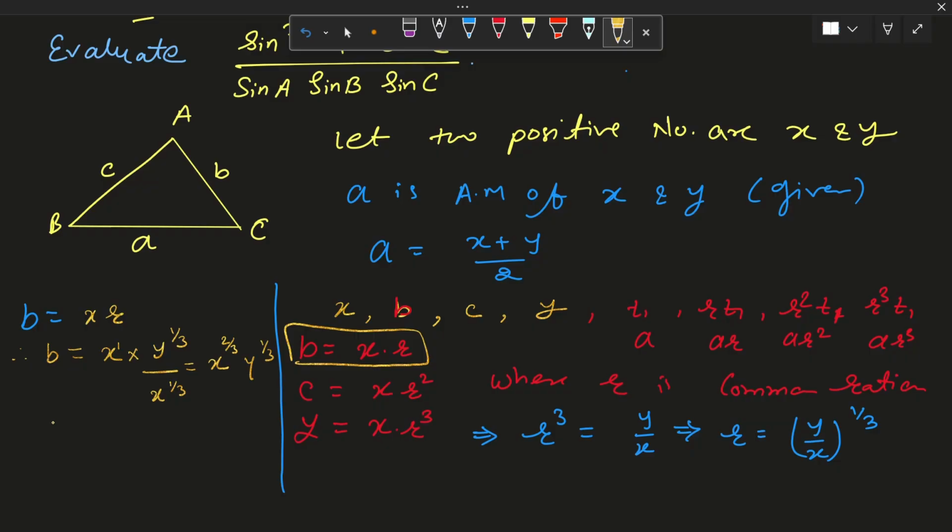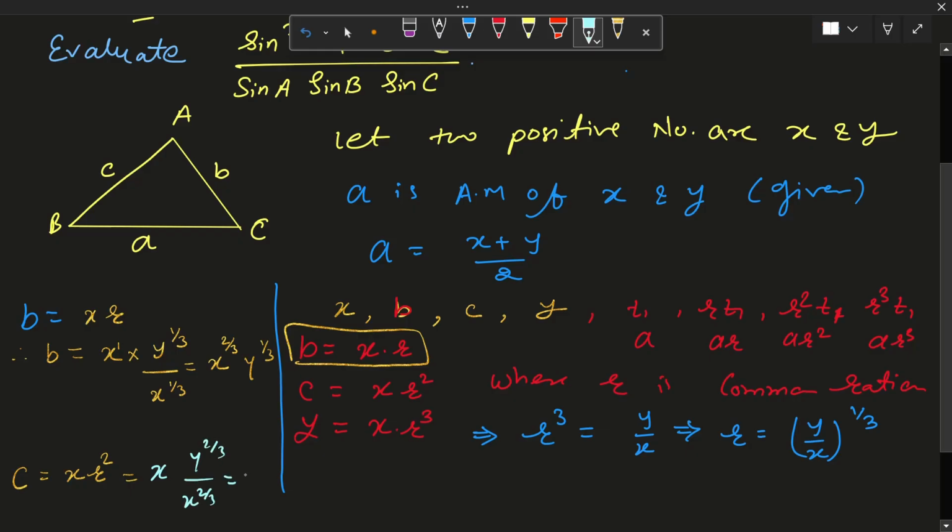Now similarly, what is C here? x into r square. So that will be equal to x into y raised to 2 by 3 upon x raised to 2 by 3.